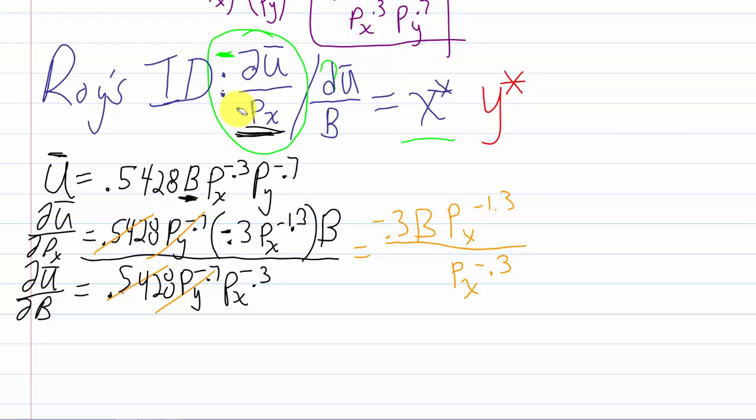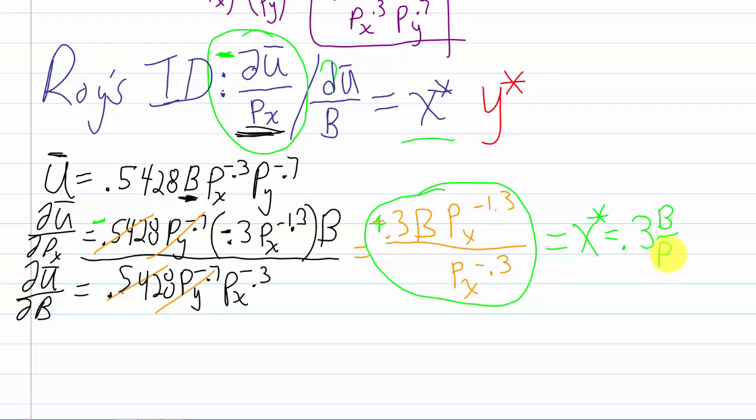So I should have put a minus sign over here, and that's going to cancel out that minus sign there, okay? And then you can see now how we're going to be able to get this to be equal to our x star that we had before, which was 0.3 times the budget over the price of x.